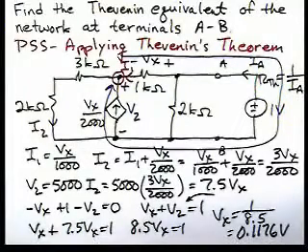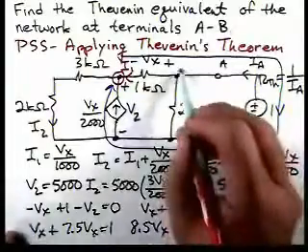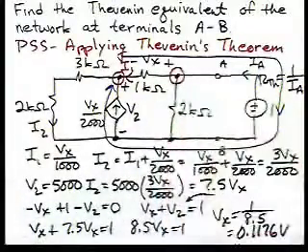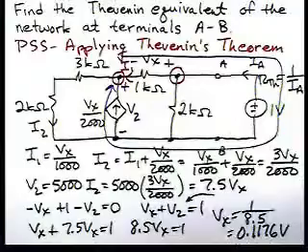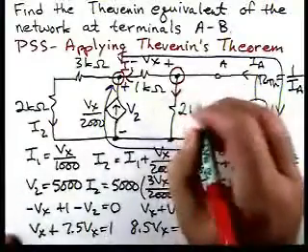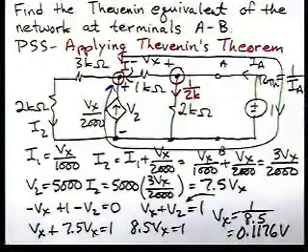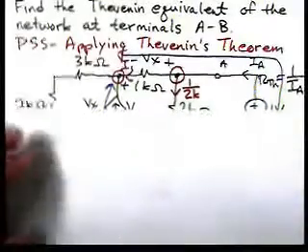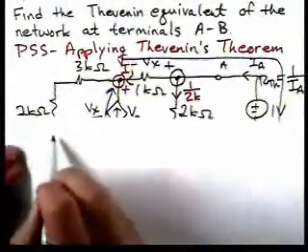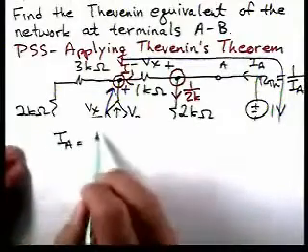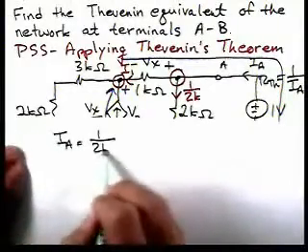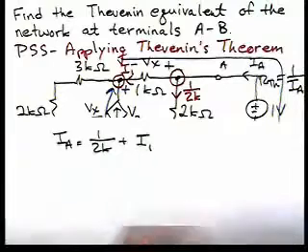We can now calculate the other node voltage V2. Now to calculate IA, we need to apply Kirchhoff's current law here. We know this current is 1 over 2K. So by applying Kirchhoff's current law, we get IA is equal to 1 over 2K plus I1.